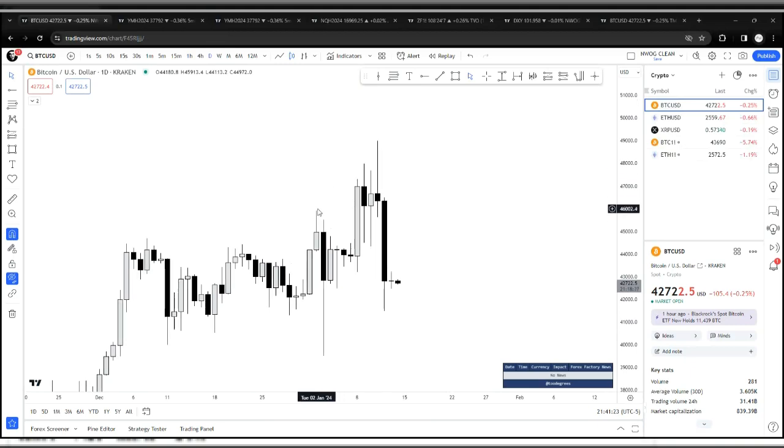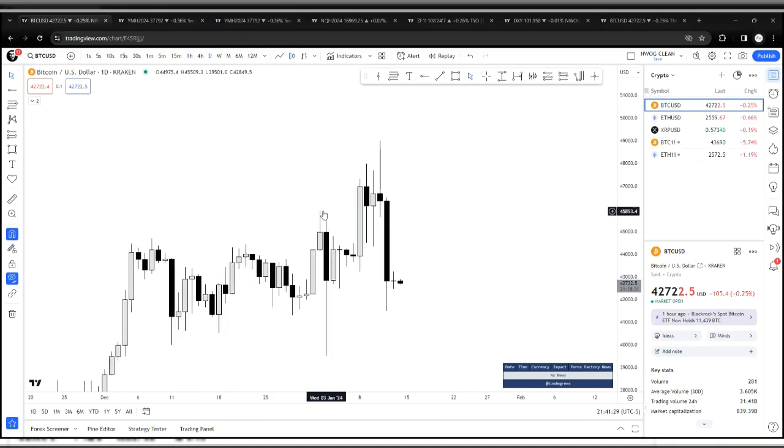I think in the first video that I made, I highlighted this high and told you guys that buy side liquidity rested above this high right here. Also, I talked about this down move before it happened, and when price was around here, on Twitter, I'm not sure if I said it in the video, I stated that we should expect the late shorts to be taken out, and then we can expect another down move.